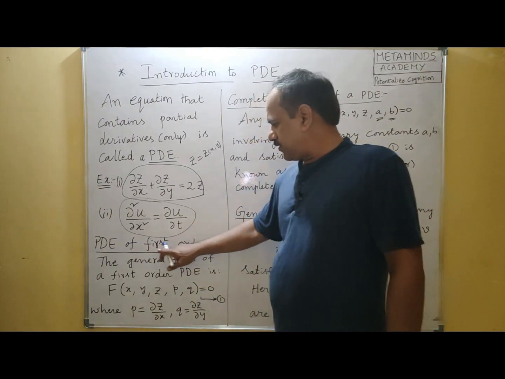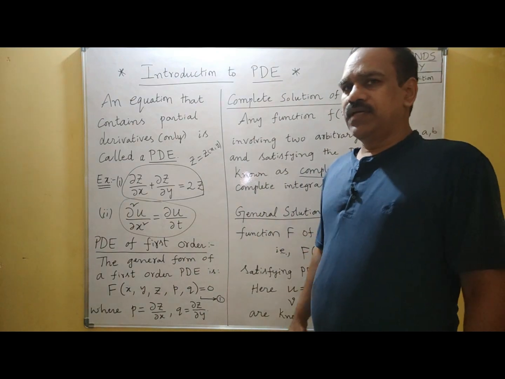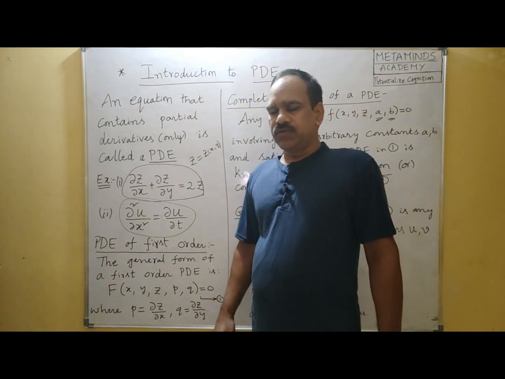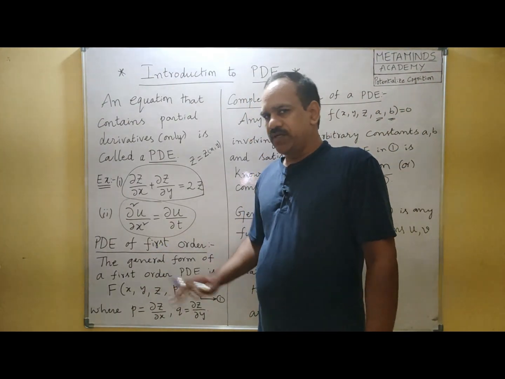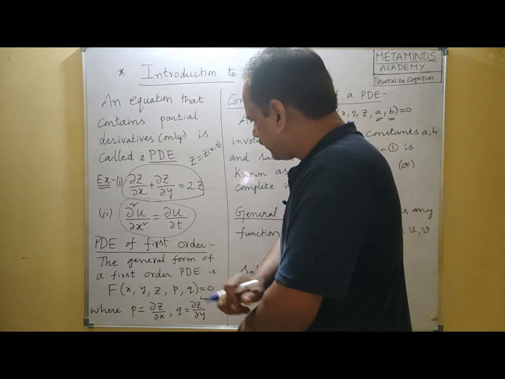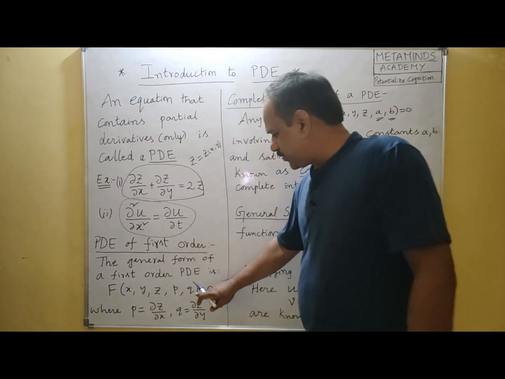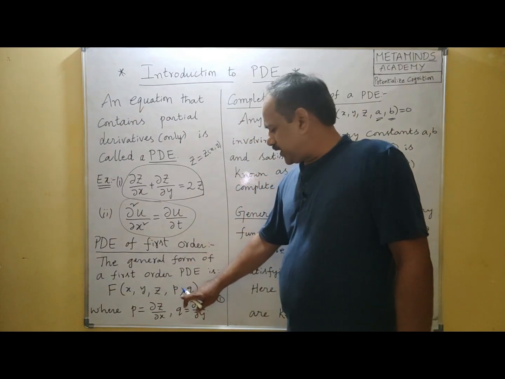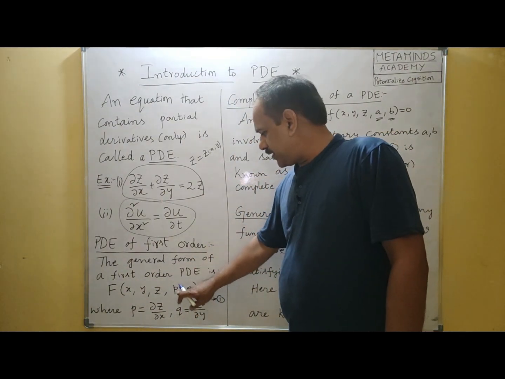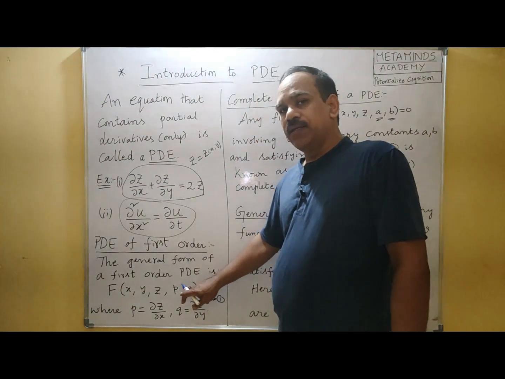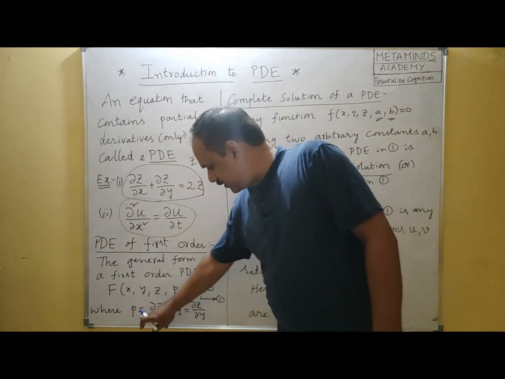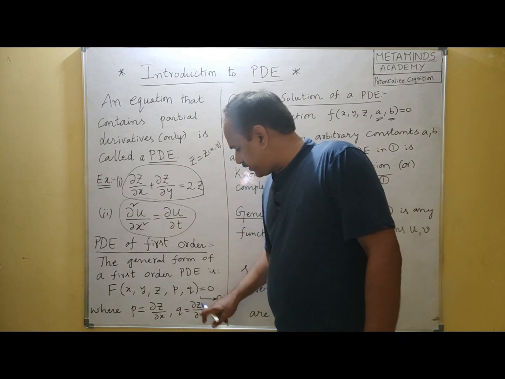Partial differential equations of first order. That means our concentration is to study first order equations. So what is the general form of a first order partial differential equation? Because it is first order, it should contain only first order partial derivatives. They are always denoted by p and q. p is dou z by dou x, q is dou z by dou y.